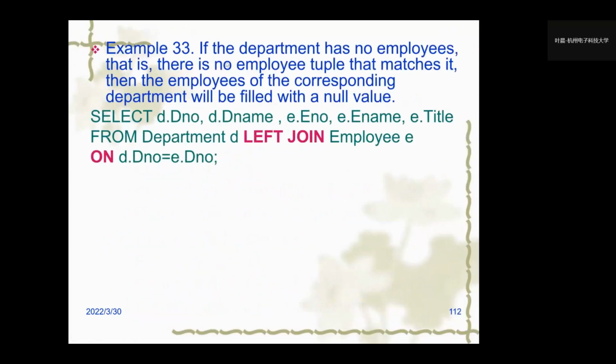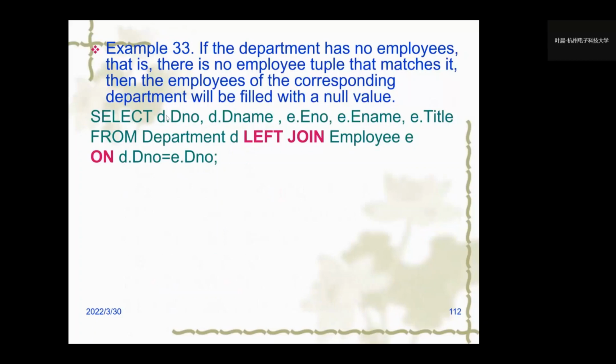For example, if a department has no employees, that is, there is no employee tuple that matches it, then the employee part of the corresponding department will be filled with a null value. So if we want to query this kind of example, we will use the following SQL.